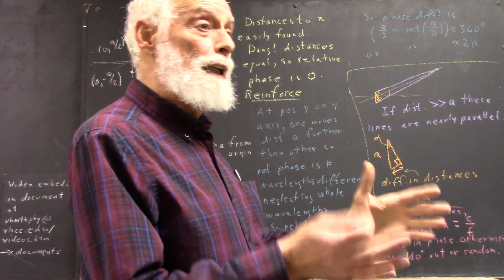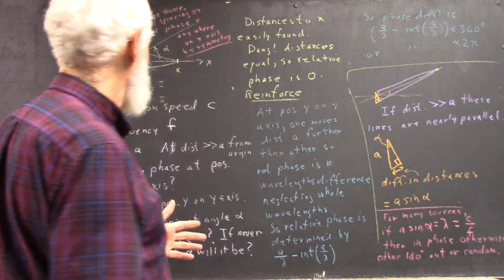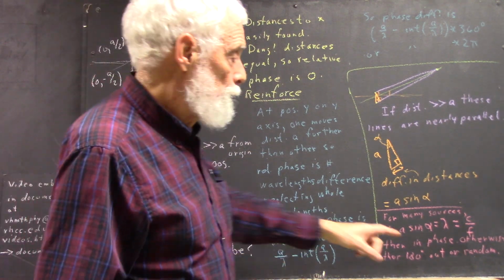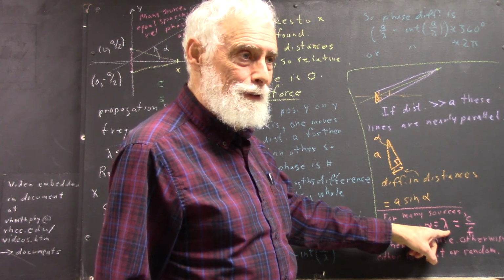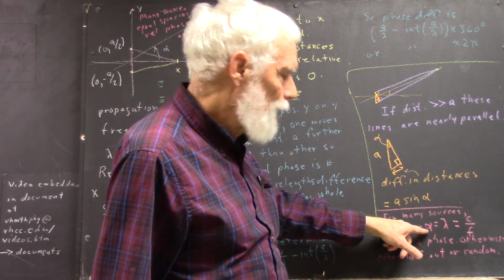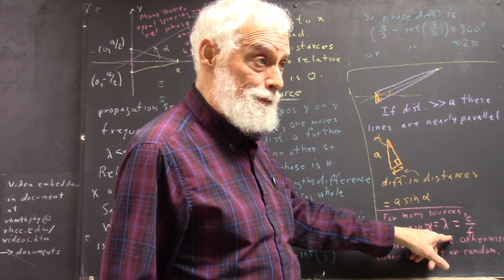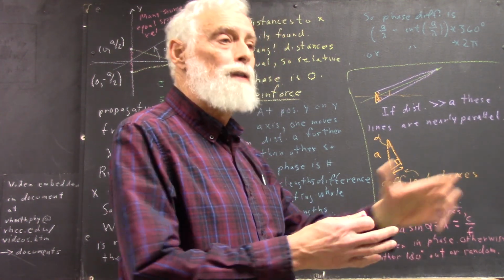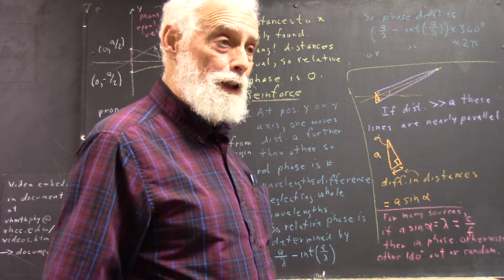If you have many slits, then what's going to happen is it's only going to reinforce at angles very close to this condition. Okay? It's going to pretty much become completely random anyplace else, and you're going to get a more distinct pattern.